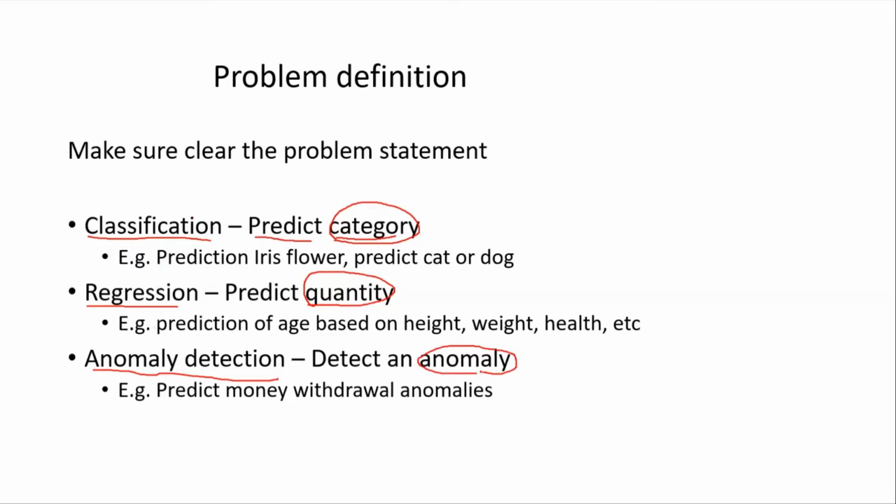Okay, let's say I'm going to predict clothing. Okay, clothes. In that case, am I going to choose classification, regression, or anomaly detection?